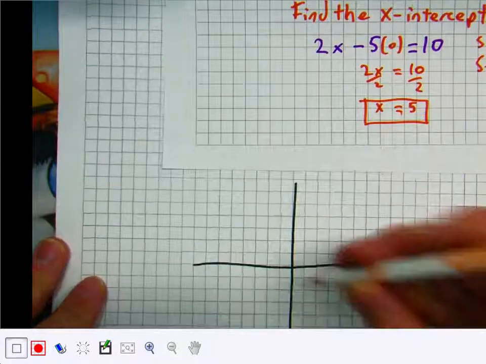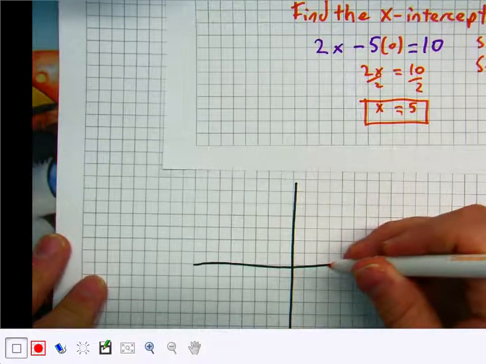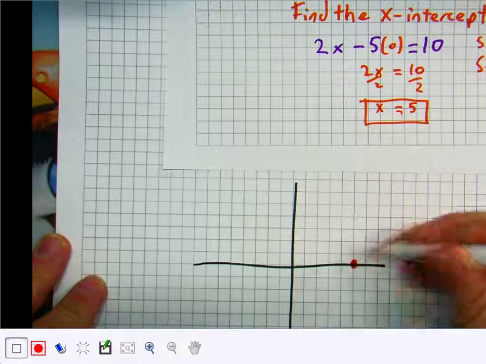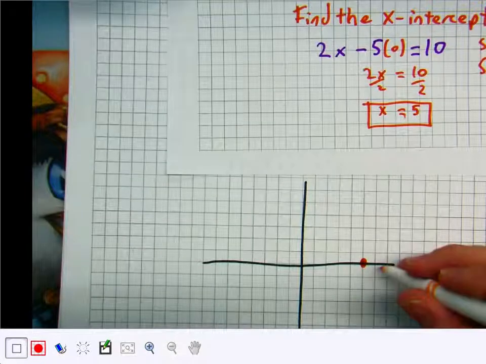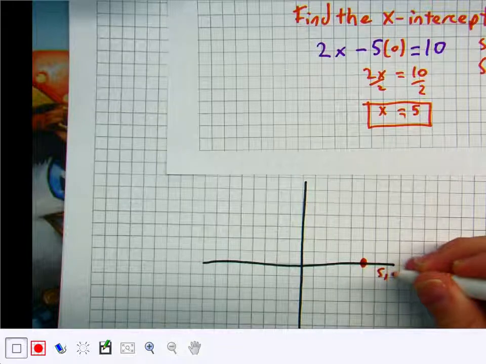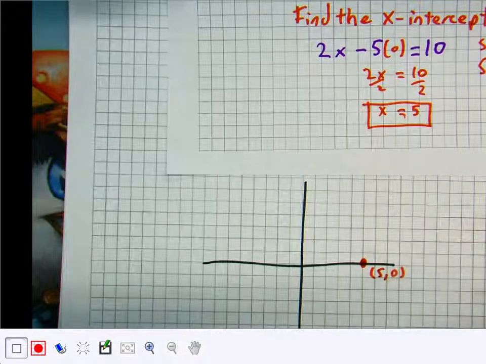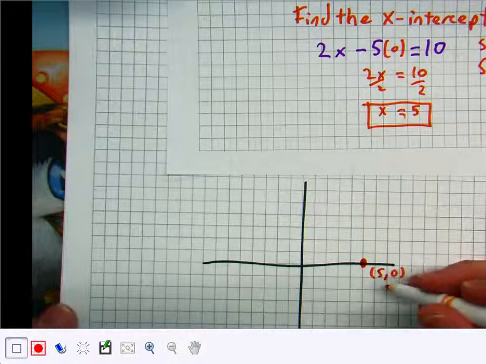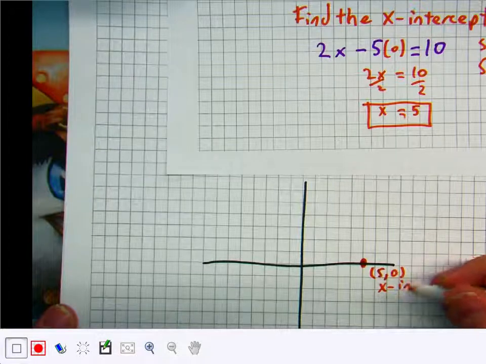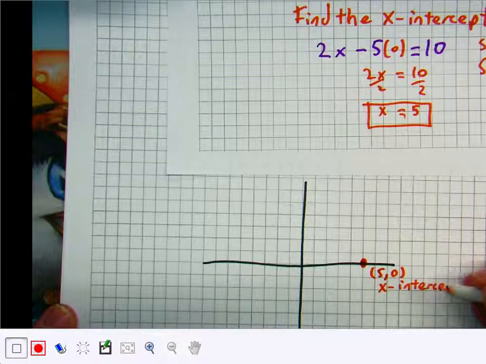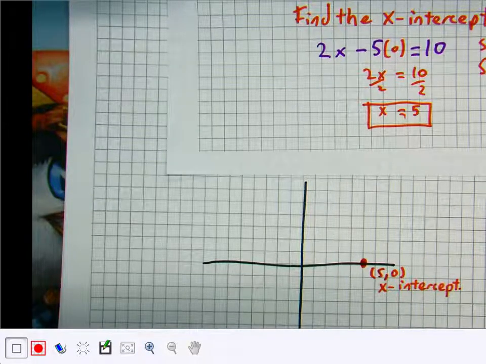So it's going to cross my x at 1, 2, 3, 4, 5. I now know that that is a point. It's where x is 5 and y is 0. So I have found my x-intercept. All right. I've done that. I'm very happy about it. I feel great.